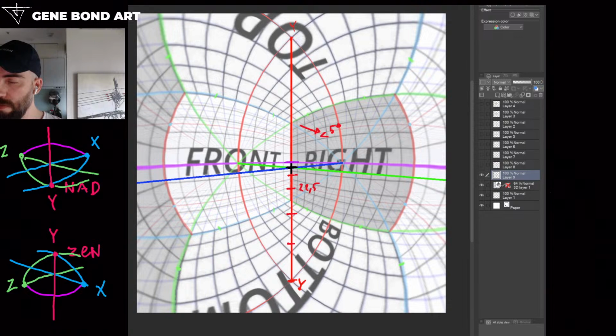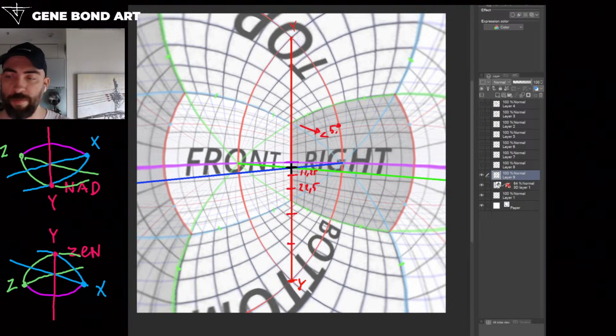There's this 11 to 25 here. Yeah, some kind of 5.5. So this kind of principle.